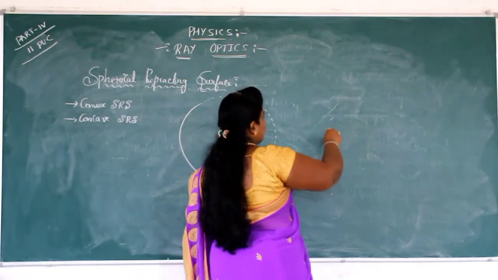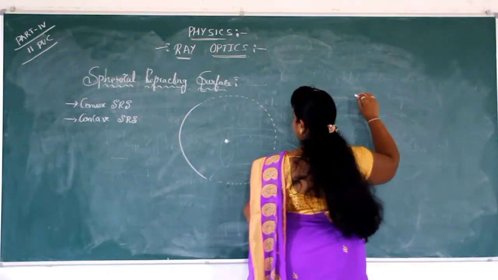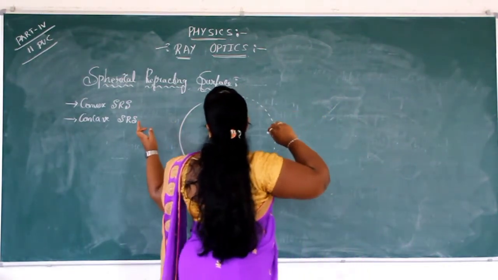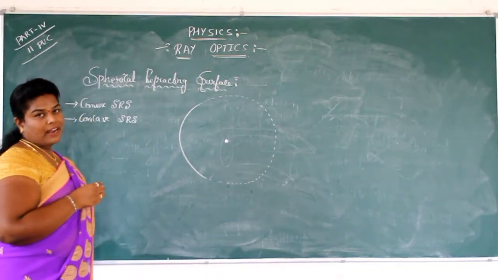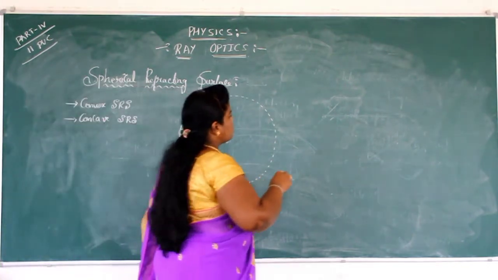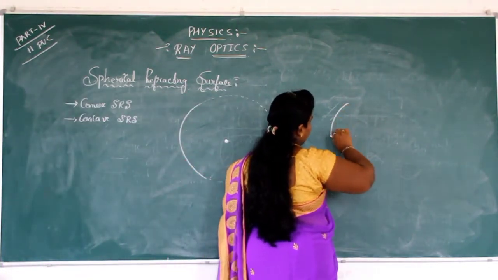Now I am going to draw two diagrams which exactly give you the difference between the convex and concave spherical refracting surfaces. Dear students, I am just writing it here.